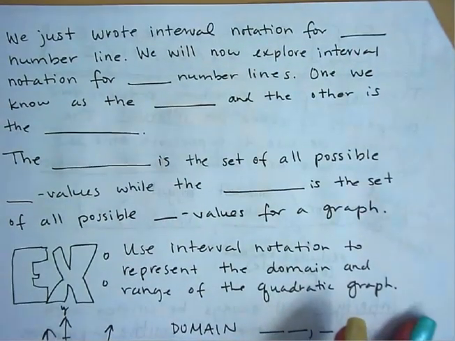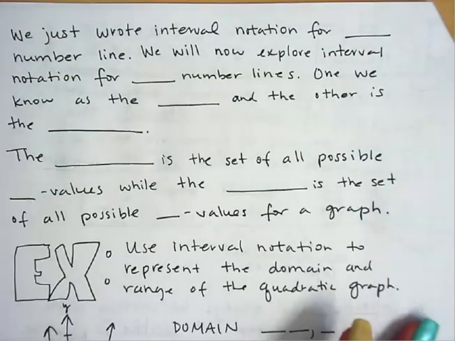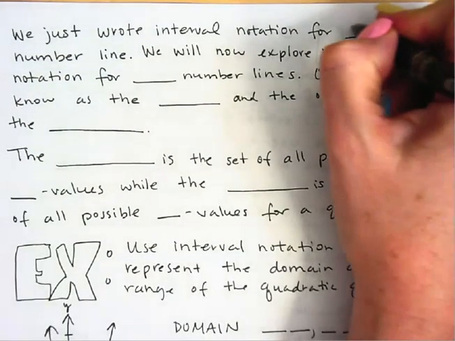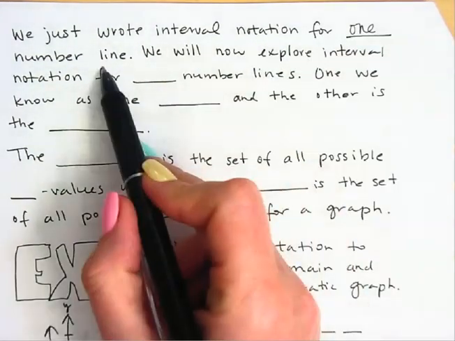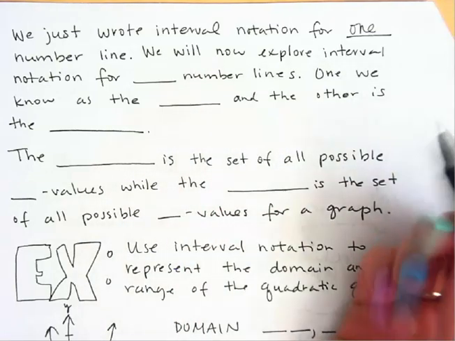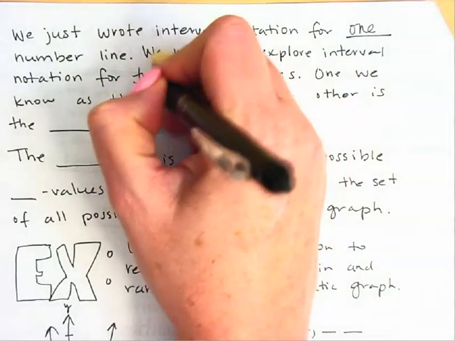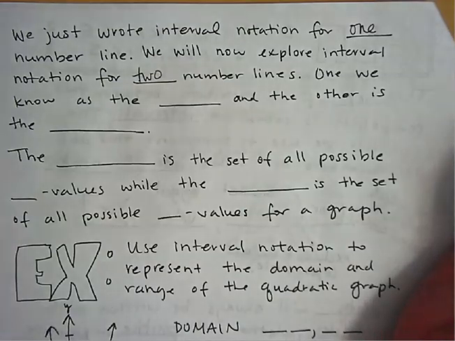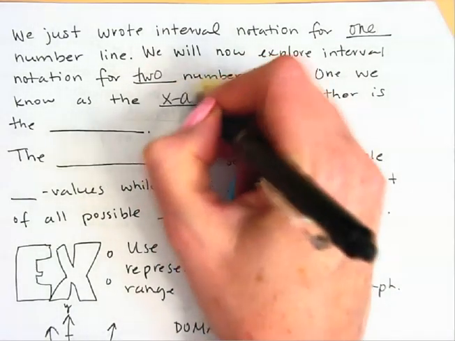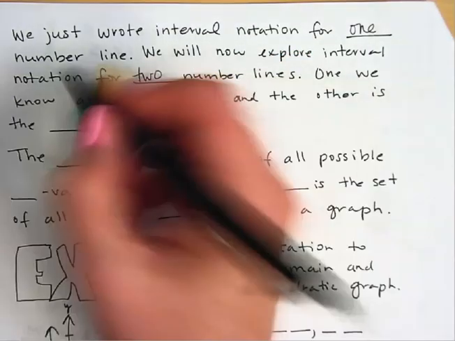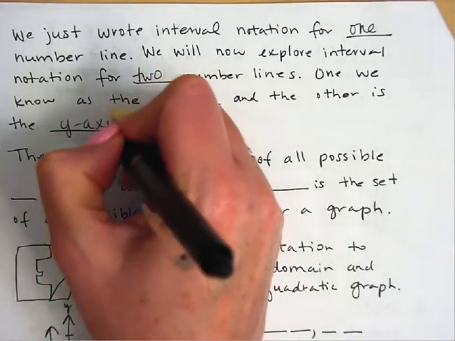Okay, on the back. So we have a fill-in section up here. We just wrote interval notation for one number line. We will now explore interval notation for two number lines. One we know as the x-axis, and the other is the y-axis.